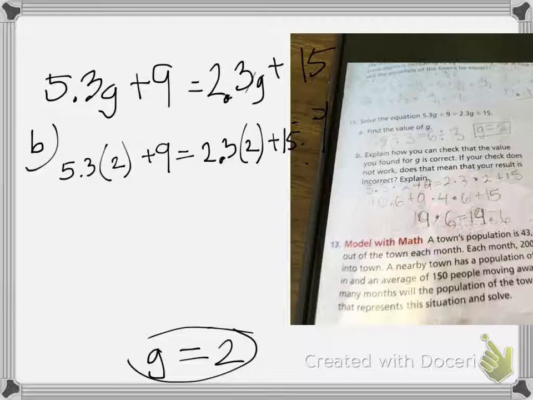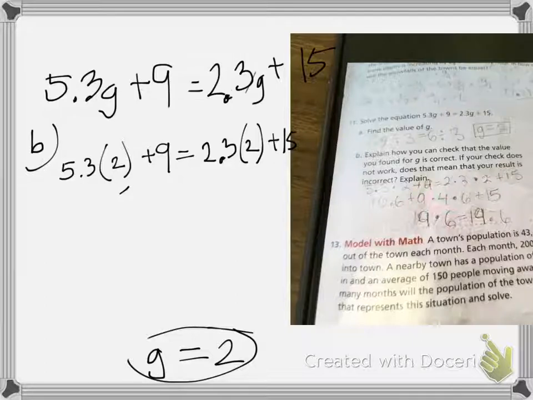So what we did was replace every g with our answer, which is 2. Now we're going to multiply. Why are we multiplying? Because these two are multiplication. This is 5.3 times g, and this is 2.3 times g. So right here, 5.3 times 2 is 10.6.